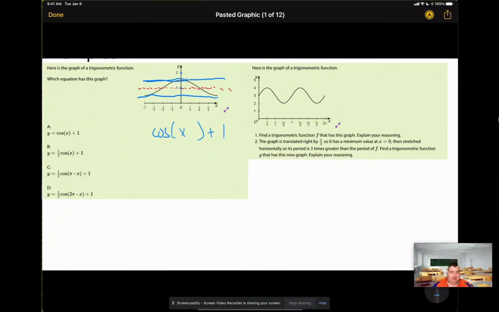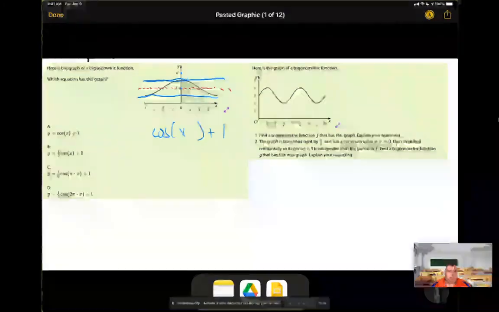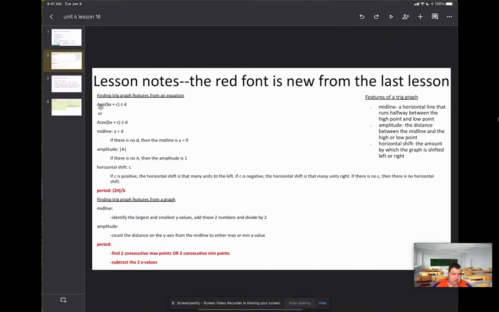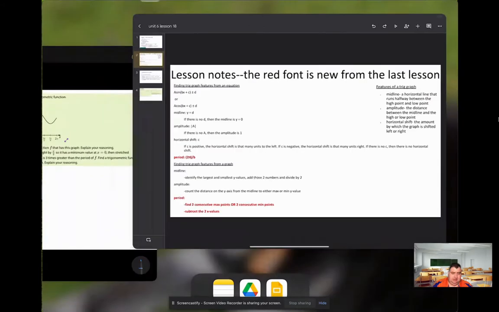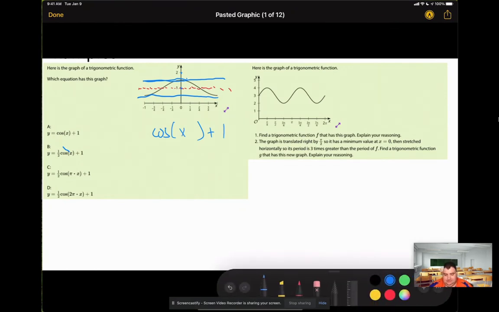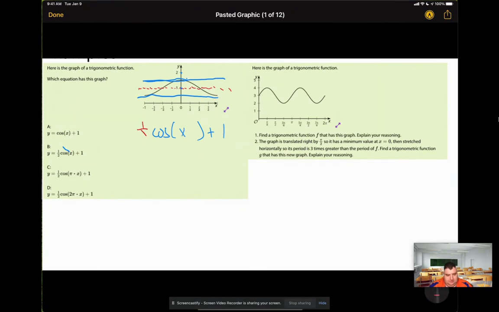So my amplitude is going to be a half. The amplitude goes before sine or cosine, so I'm going to put a half here.